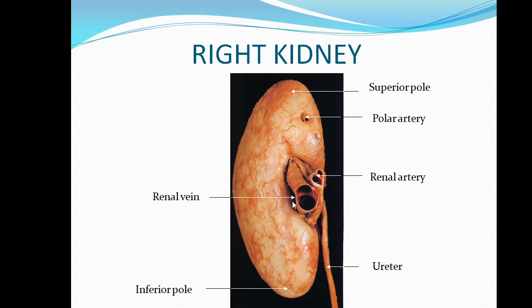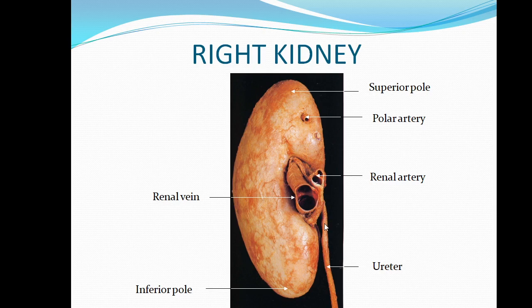And through the hilum you can see there passes the renal artery anteriorly, the renal vein in the middle, and the renal pelvis posteriorly. The relation from before backwards is the renal artery, the vein, and the renal pelvis.